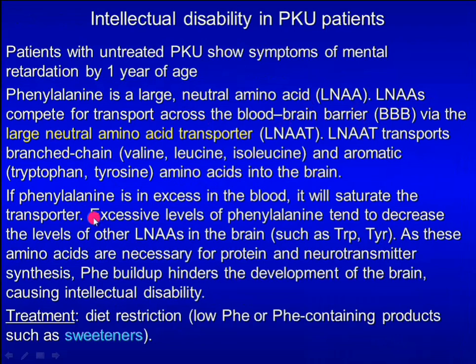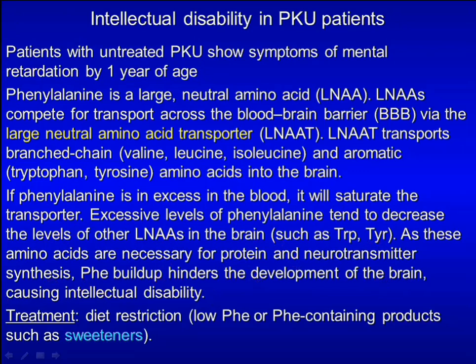If phenylalanine is in excess in the blood, it will saturate the transporter. Excessive levels of phenylalanine tend to decrease the level of other large neutral amino acids in the brain, such as tryptophan and tyrosine. As these amino acids are necessary for proteins and neurotransmitter synthesis, phenylalanine buildup hinders the development of the brain, causing intellectual disability.